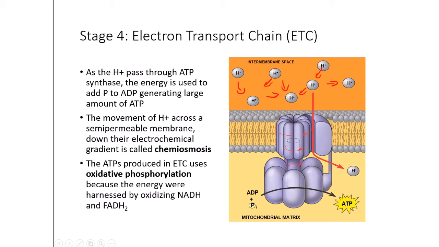And whenever you give off electron, that's called oxidation, right? So ultimately, this phosphorylation, the addition of phosphate to ADP, is powered by oxidation. That's why they're called oxidative phosphorylation, as opposed to substrate level phosphorylation, right? So 90% of the ATP produced in cellular respiration is actually created by this process right here.